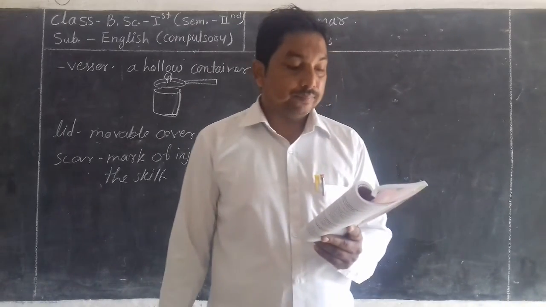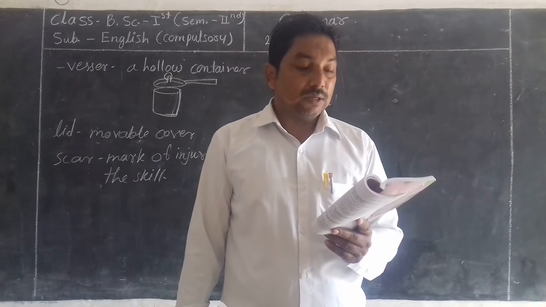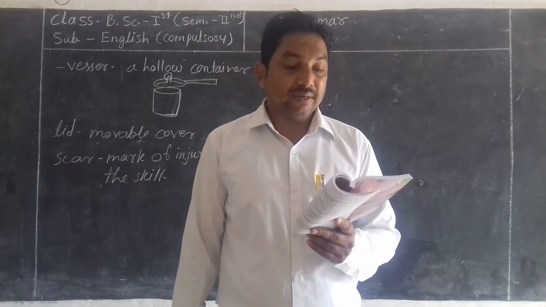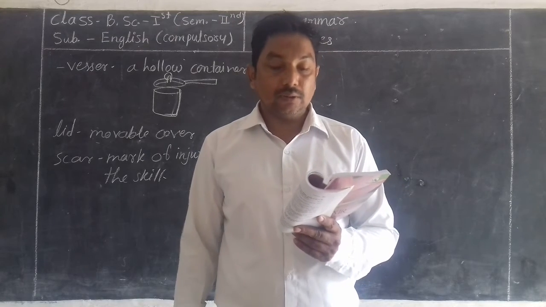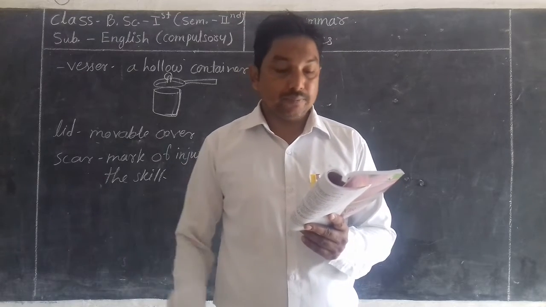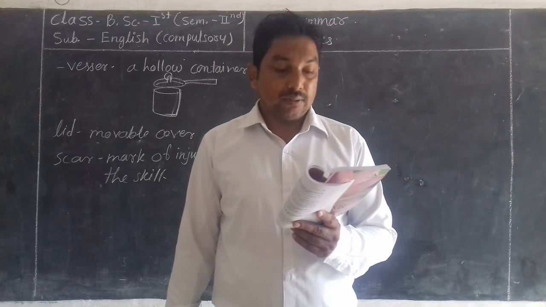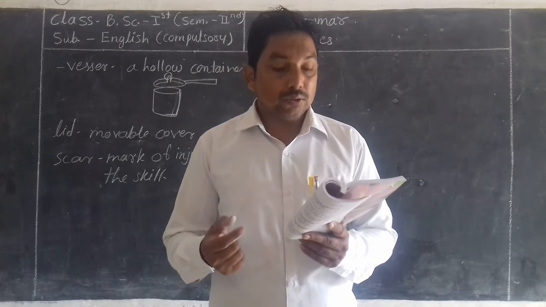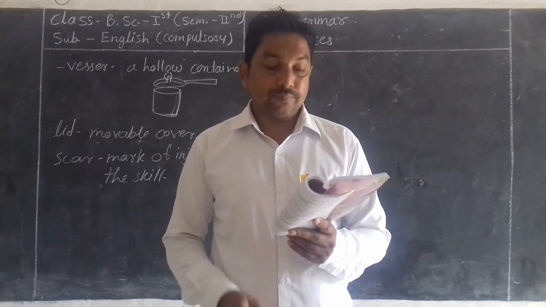Next type. The simple present tense is also used to describe or demonstrate an action or activity which is in progress. It means going on in action at the present time. For example, Shoaib Akhtar bowls, Tendulkar hits the ball toward the square leg boundary.